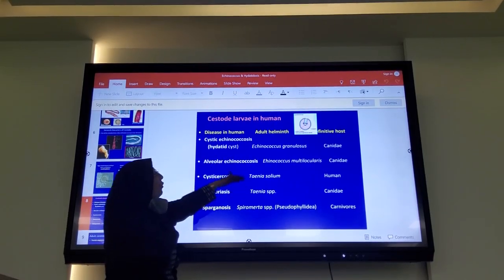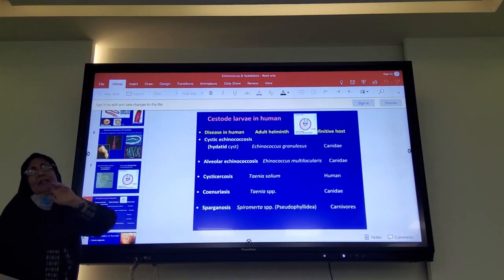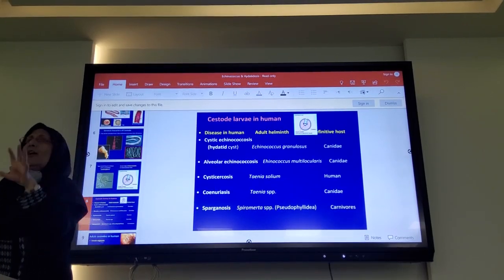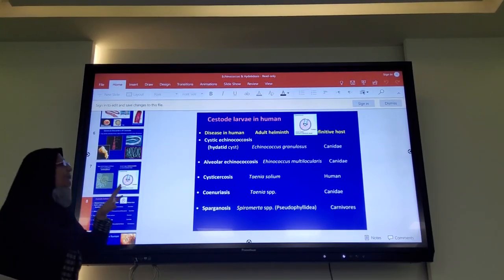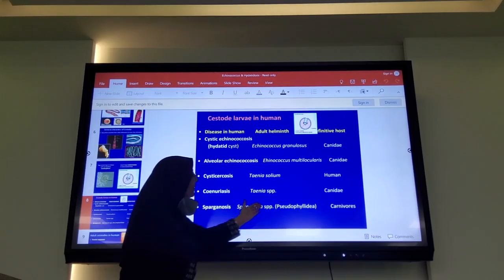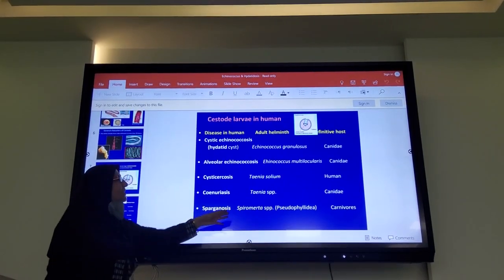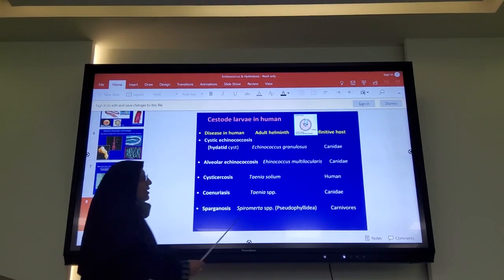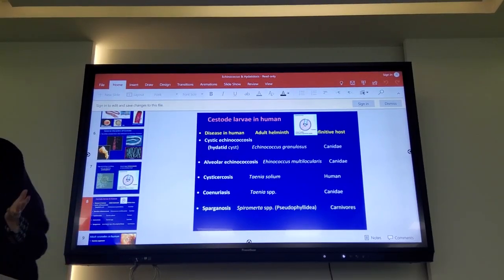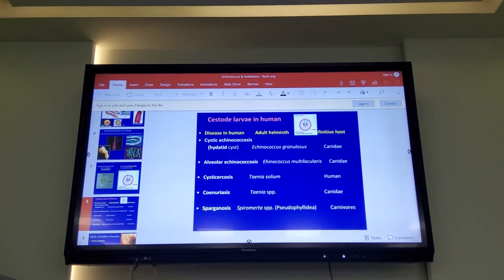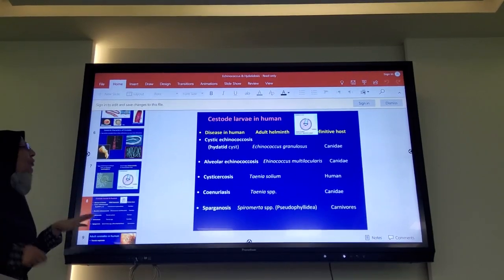These ones are all cyclophilidian. The tapeworms which have 4 suckers, they are called cyclophilidian. But in the pseudophilidian, that they have botria, we have spirometer species. When I say SPP, it means more than one species. SP means one species, but SPP more than one.